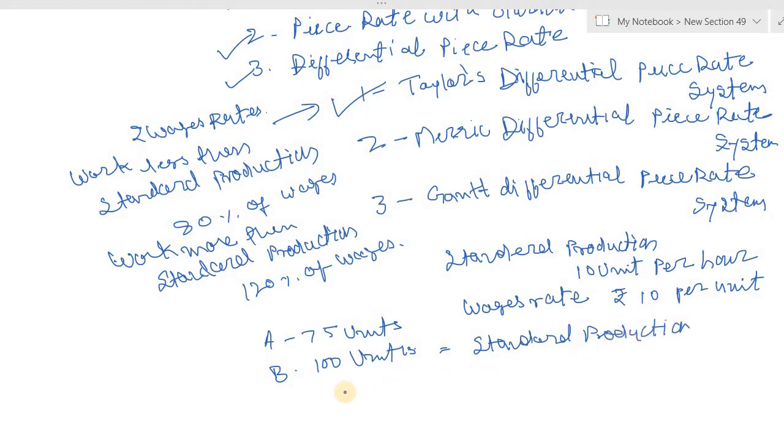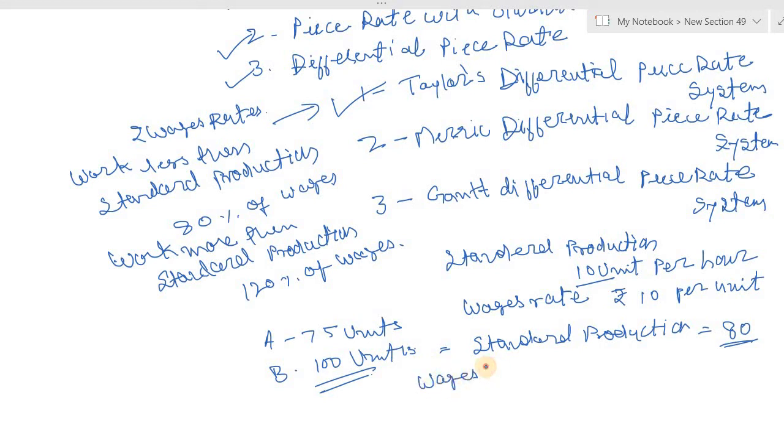They work 8 hours a day, and the standard production is 10 units per hour, so it will be 80 units. We can see that A's production is less than the standard production and B's production is more than the standard production. Then A will get 80% of wages and B will get 120% of wages.